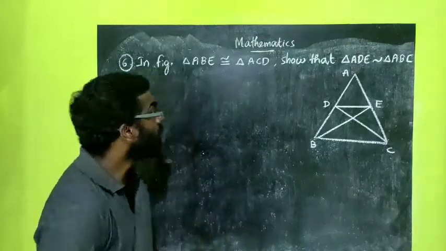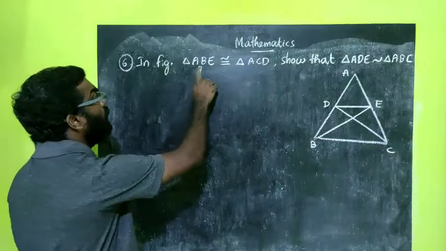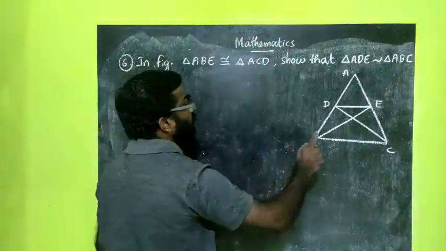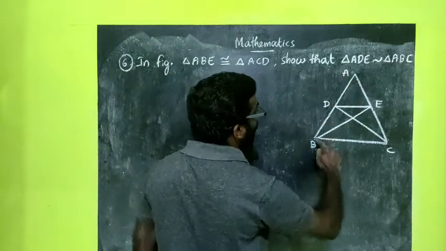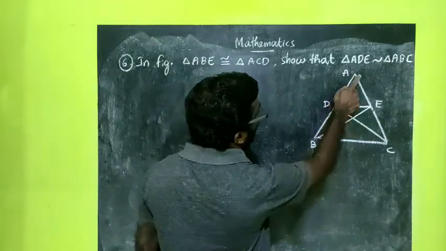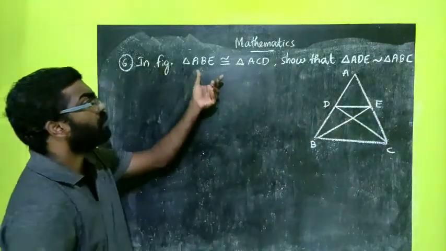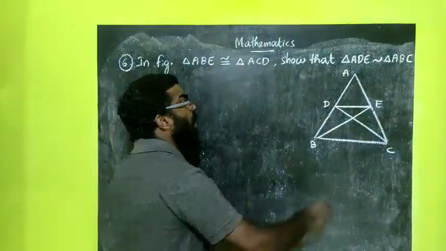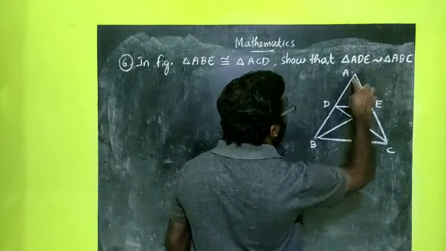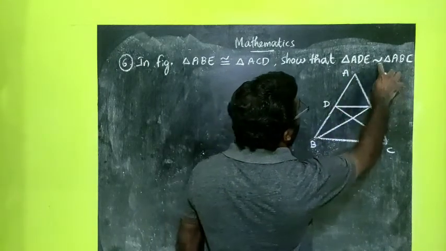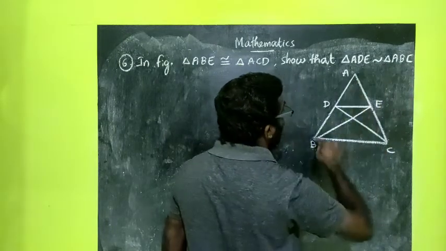The next question is, in figure triangle ABE is congruent to triangle ACD. These two triangles are congruent and we have to prove triangle ADE, this small triangle, is similar to triangle ABC, the large triangle.